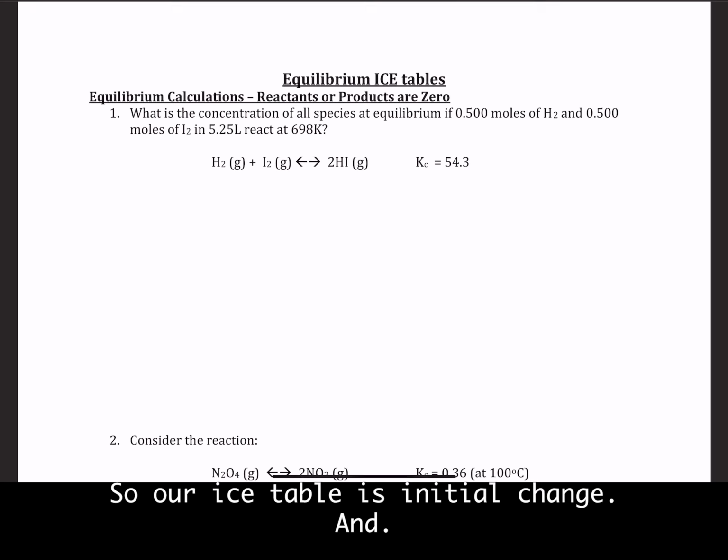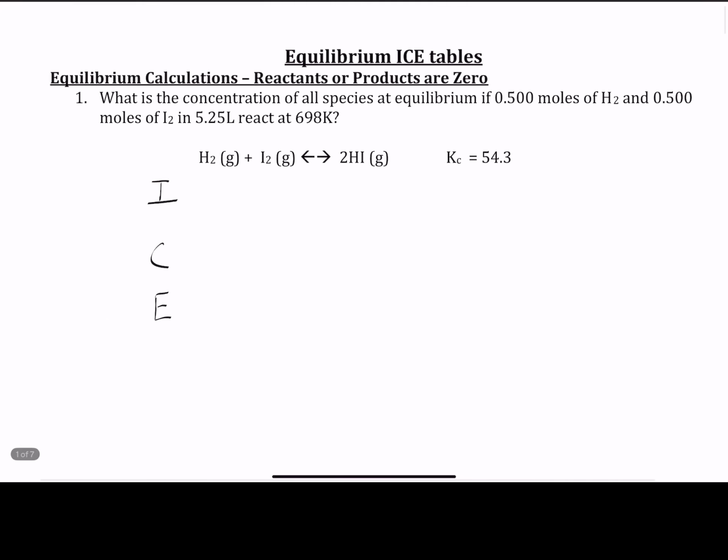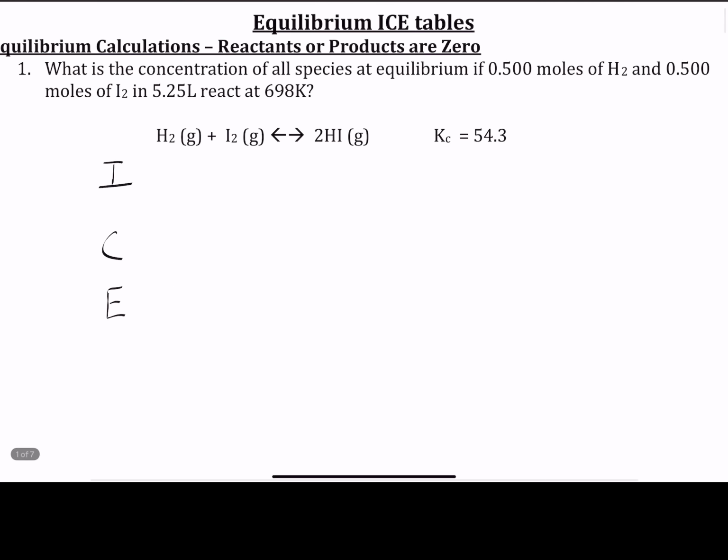Okay. So our ICE table is initial, change, end. What is the initial? Close.